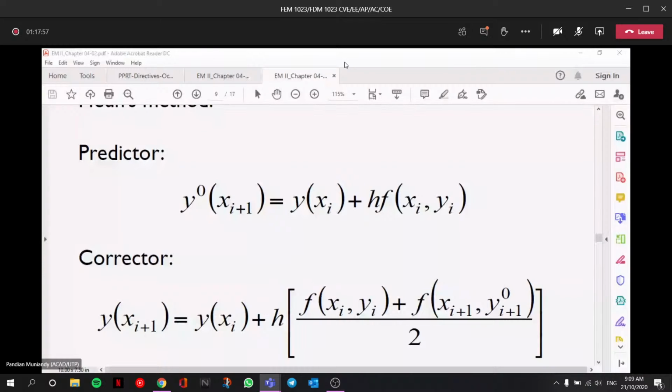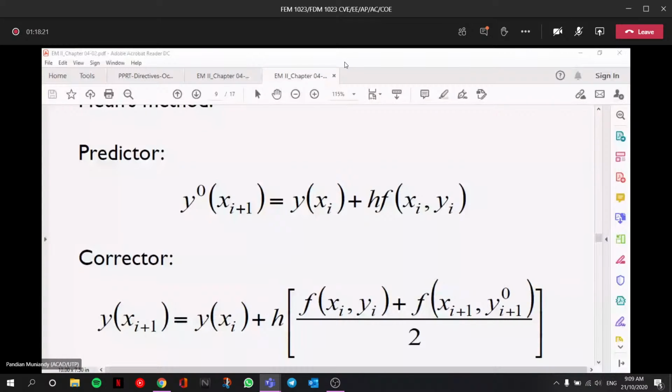What is the answer, class? 6 decimal point. So you should be able to get 1.15368 like that. Can you get that, class?